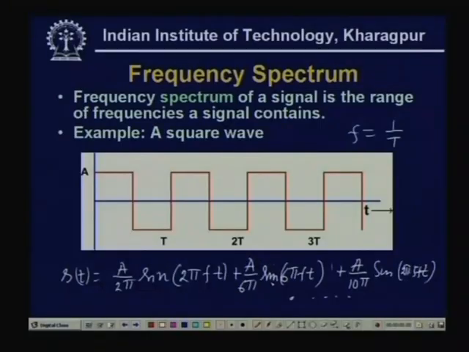However, the components of higher frequencies will be lower. These are known as harmonics. This is the third harmonic, this is the fifth harmonic, then the seventh harmonic, ninth harmonic and so on, with increasingly lower amplitude.